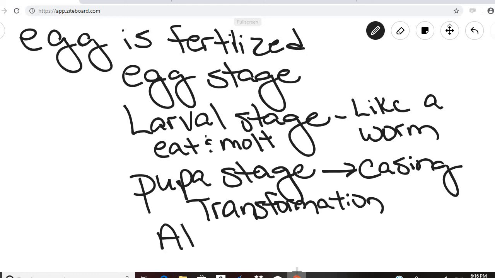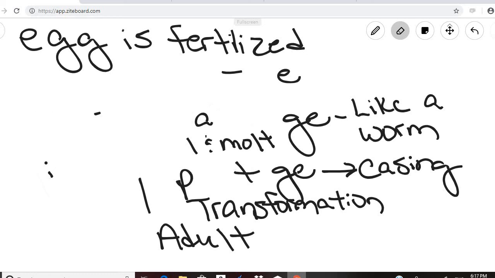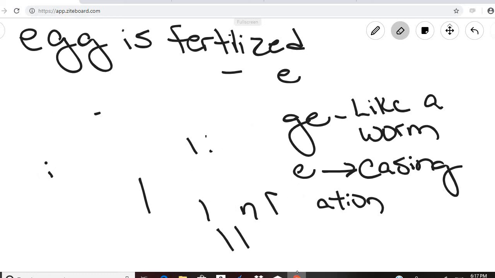The term that we use for this is metamorphosis. I should write that all in one word for you to see. I'm sure it's a word that you're familiar with.